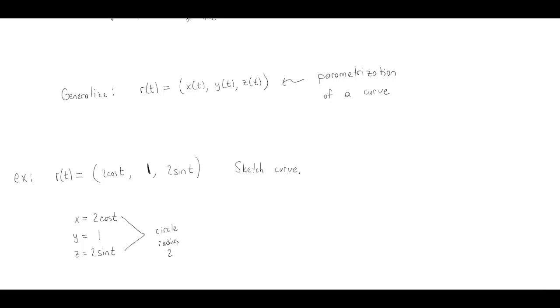Now, another way you can see that it's a circle of radius 2 is to think about x squared plus z squared. If you square x, it's 4 cosine squared. If you square z, it's going to be 4 sine squared.